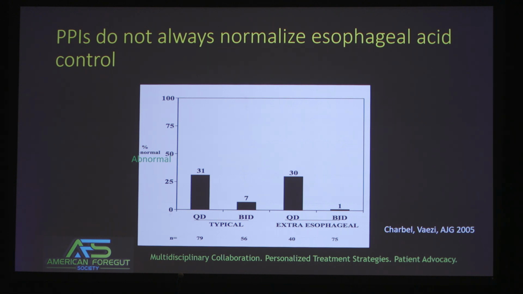Once-a-day PPI, expect 31%, 30% still will have abnormal acid exposure. So why would once-a-day PPI always work? Twice a day, fewer, but nevertheless a small minority of people with typical symptoms who will still have abnormal acid exposure despite BID. So the why may be the drug is either not enough or it's just not completely doing its job.